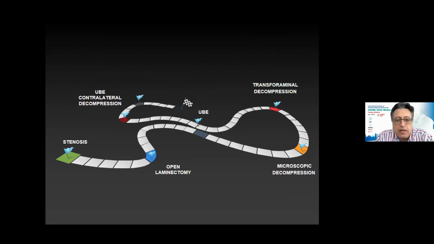So I think, if we have seen in our surgical history open laminectomy and its destructive complications, and now we have UBA, especially with contralateral decompression, we don't have to use these modern endoscopes and instruments to be at the same level destructive like the open laminectomy.